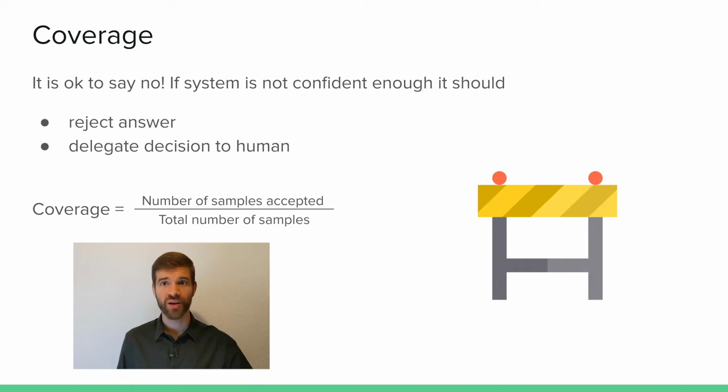It just has to rate the confidence of these outputs really low, and then we'll cut them off. So the coverage is the number of samples that the network accepted, where it predicted something, divided by the total number of samples. And ideally, we want this number to be 1. We want all of the samples in our dataset to actually be predicted and accepted by our network. But sometimes we might have a network that can say, no, I have no idea what's going on here.